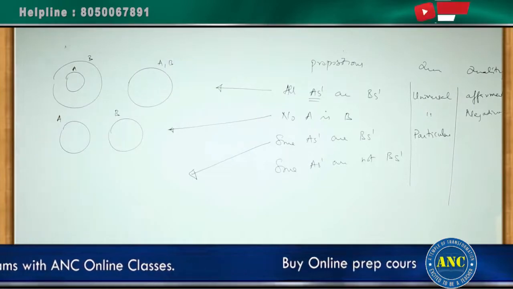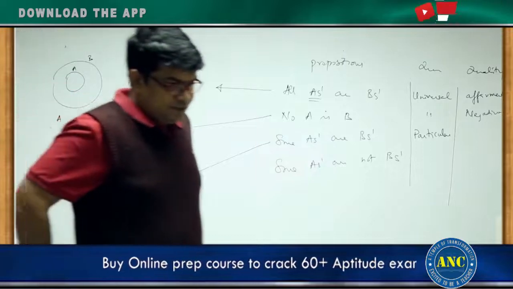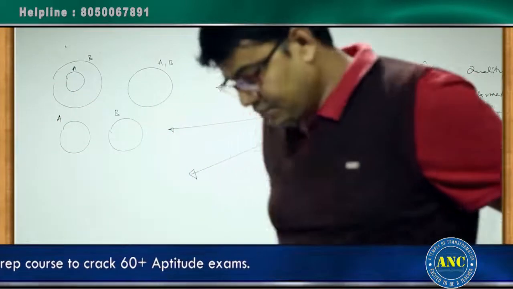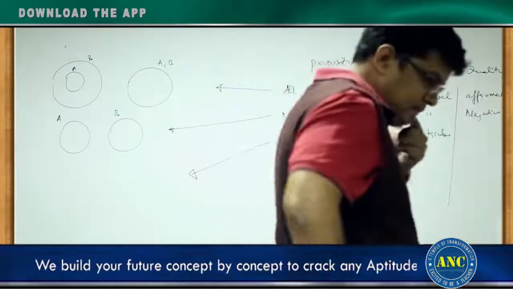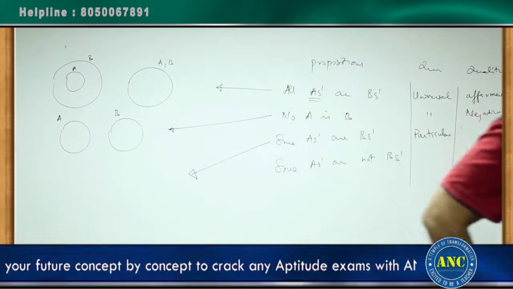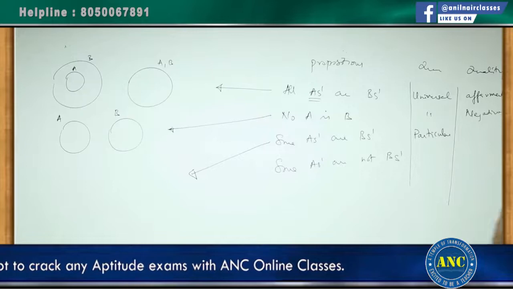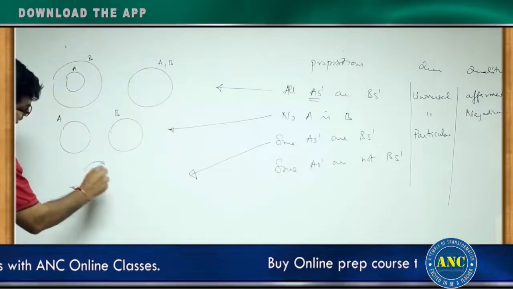Some A's are B's, quickly. Okay, good. So some A's are B's, what's the way to draw it?